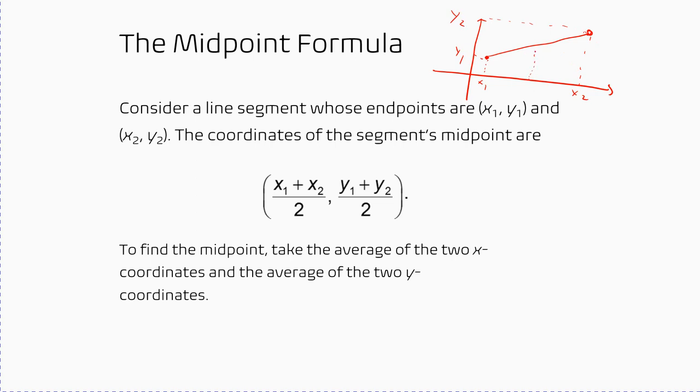Well, the midpoint here would be x1 plus x2 divided by 2. And the y midpoint would be y1 plus y2 divided by 2. Okay, so really just to find the midpoint, take the average of the two x coordinates and the average of the two y coordinates. Very, very straightforward.